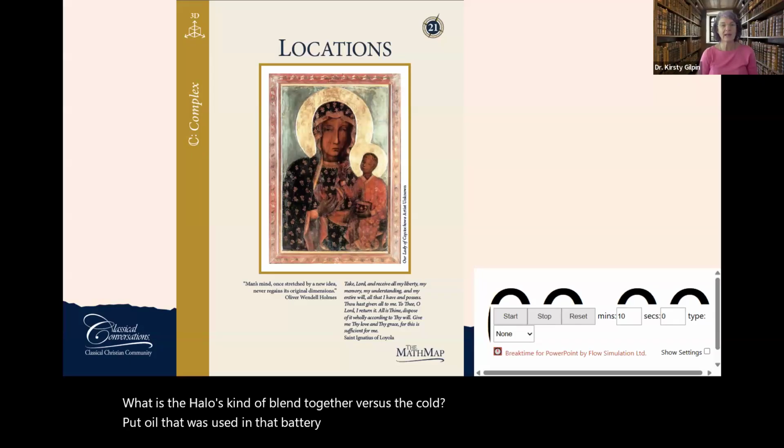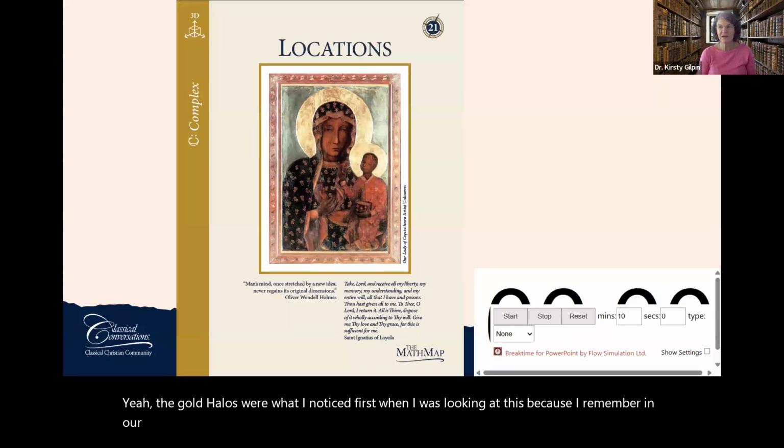Yeah, the gold halos were what I noticed first when I was looking at this, because I remember in our Foundations community that was one of the artists that we sort of copied, an artist who used those gold halos a lot.